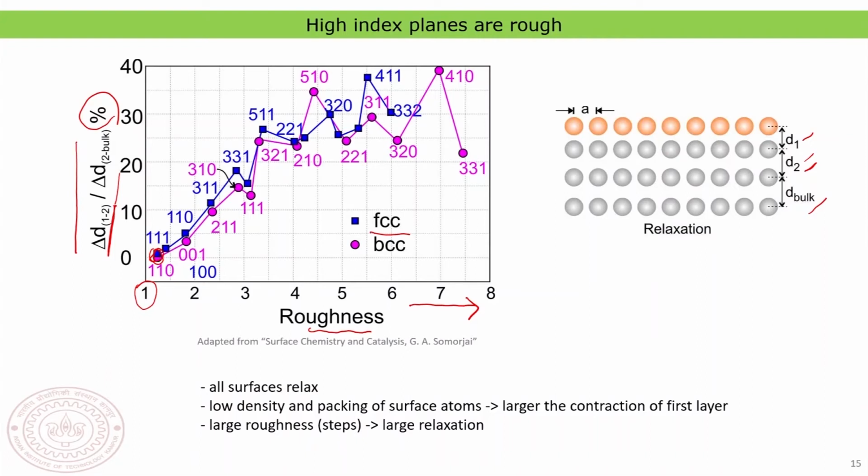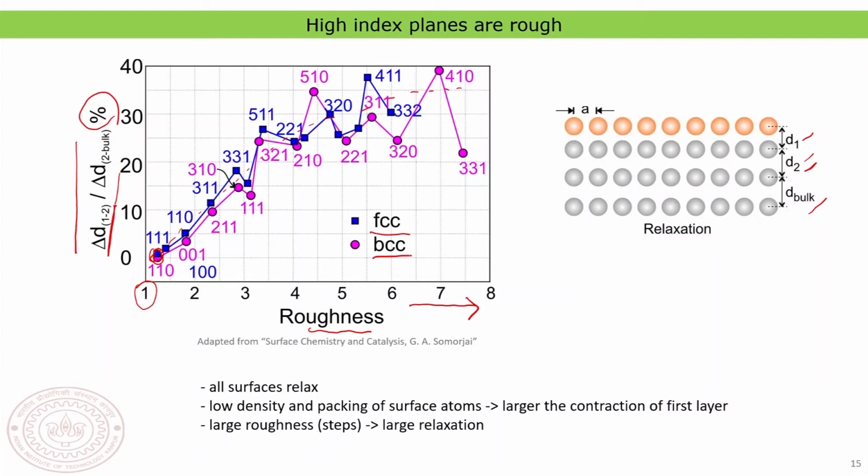But now in general you can see that the roughness is increasing in this manner with respect to the index of the surfaces, and that is the same for both FCC and BCC.